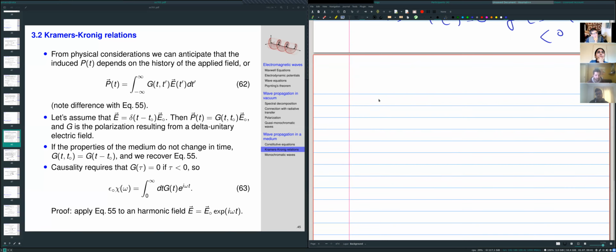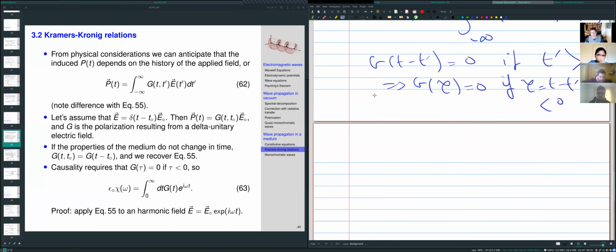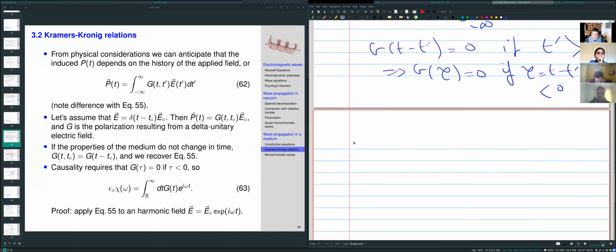So we have this expression between the susceptibility and G of t. Let me see if I can remember how to prove this. Equation 55, we've just got it. Yeah, it's this one.